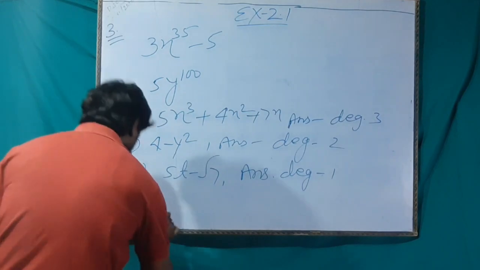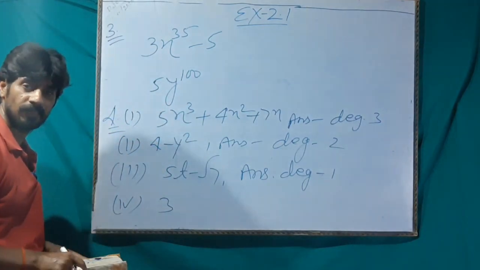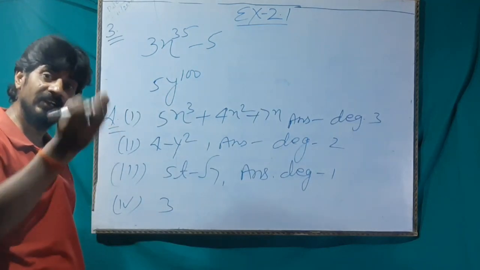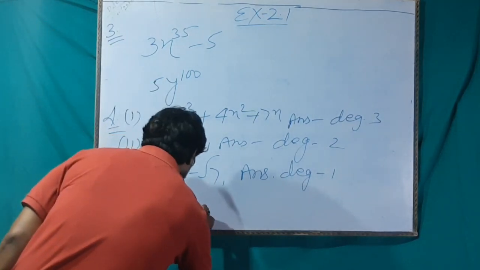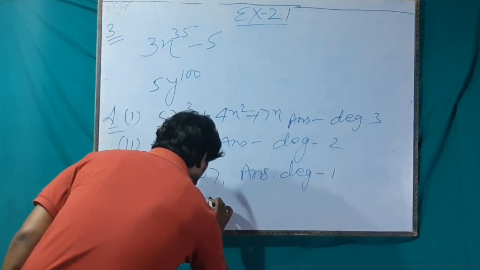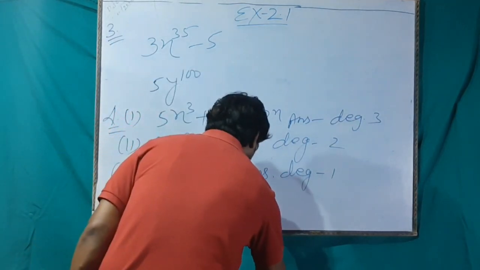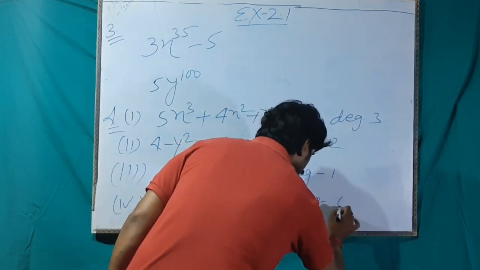Fourth, 3. I have discussed, if only a constant term is given, then the degree of the polynomial is 0. Because we can write this as 3x to the power 0. So the answer is degree 0.